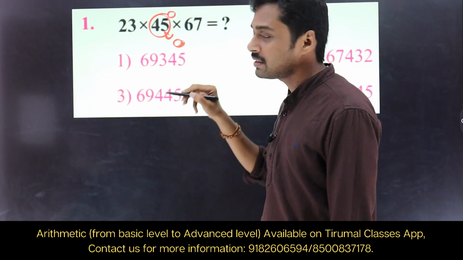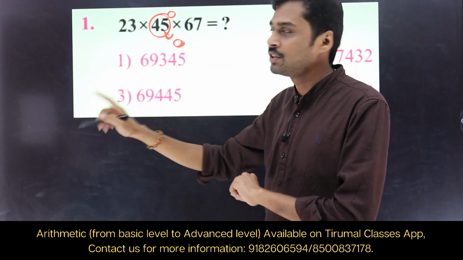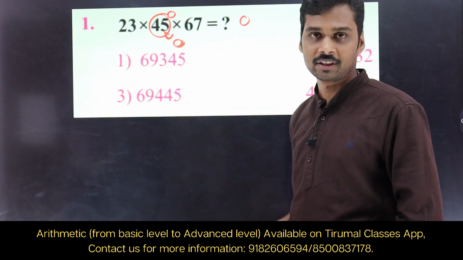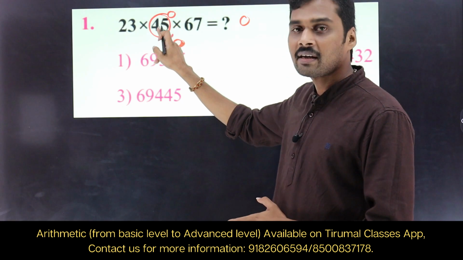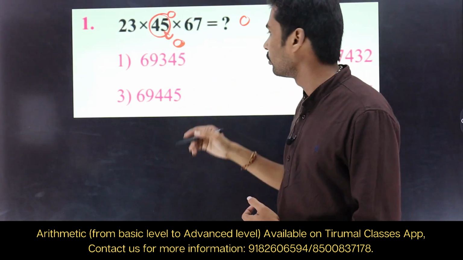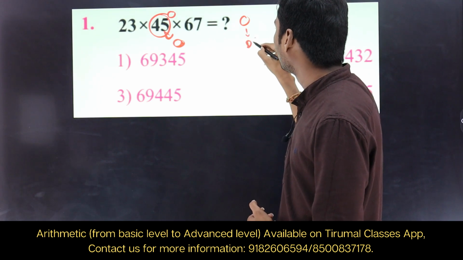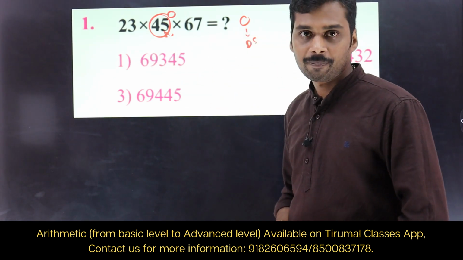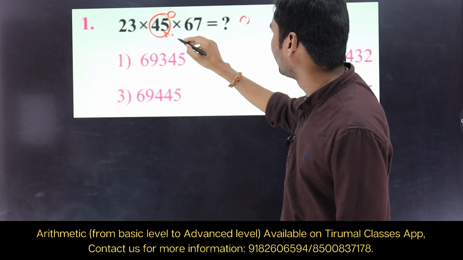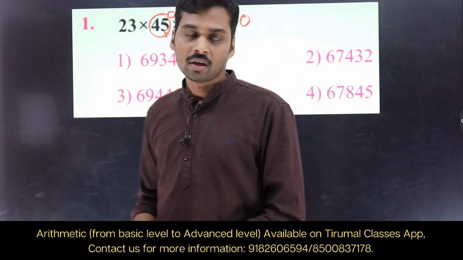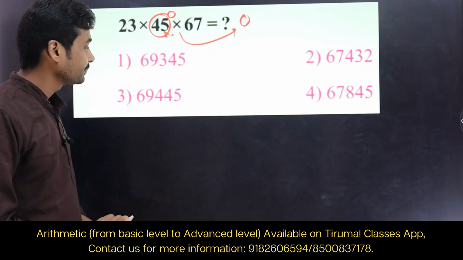So if one of the numbers is 0, when we multiply the numbers, 0 into any number is 0. I don't need to look at the remaining numbers. So the DS value is 0. Now you check the options.